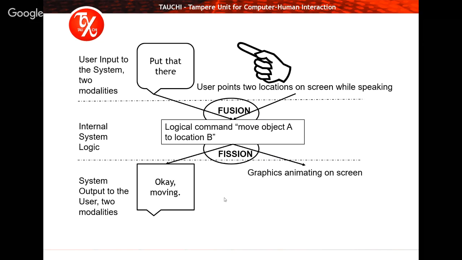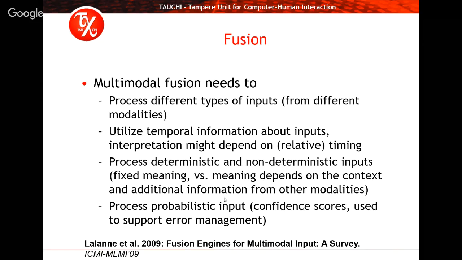To be able to do the fusion, the multimodal fusion engine needs to process the different types of input from the different modalities. We may get very different information. If you think of "put that there", we get the speech, which is one speech command. On some level it's text, and then there might be some language understanding after that, which indicates that it's a moving operation.